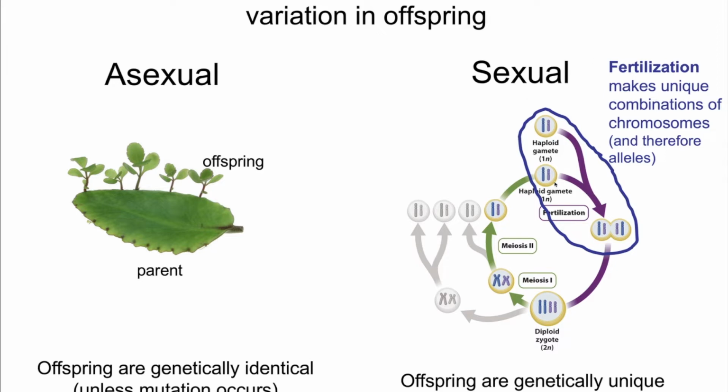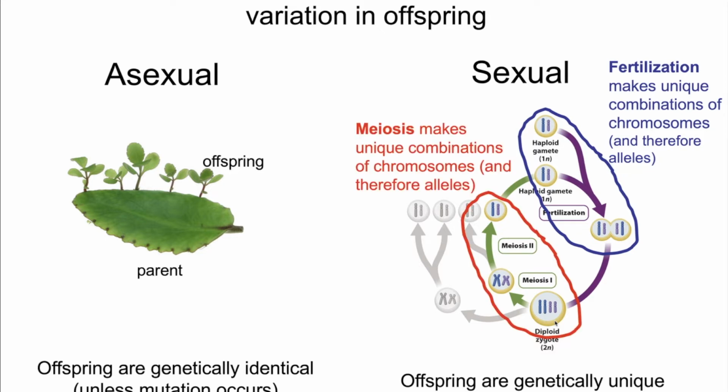And so fertilization, remember, is this process where 2 haploid gametes come together to produce a diploid zygote, okay? And so fertilization can actually make unique combinations of chromosomes and therefore unique combinations of alleles, and therefore these diploid cells that are produced can be genetically unique from their parents, okay?